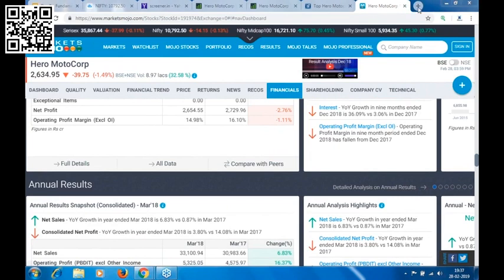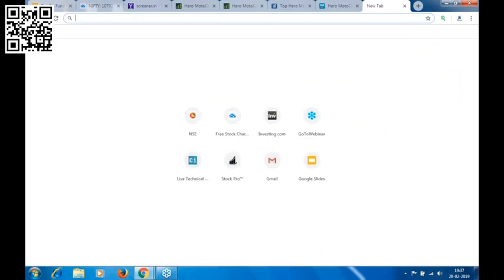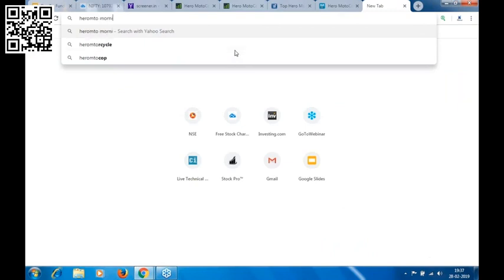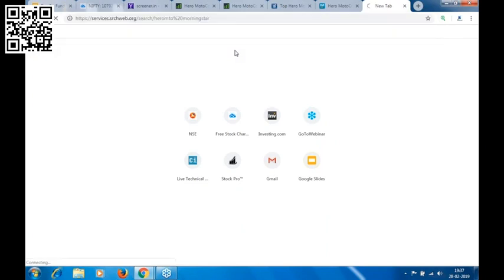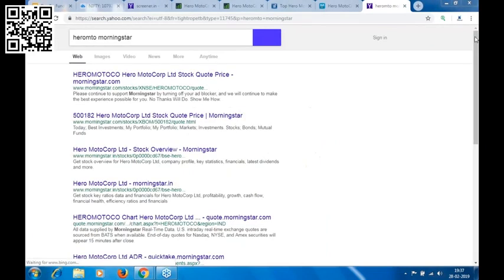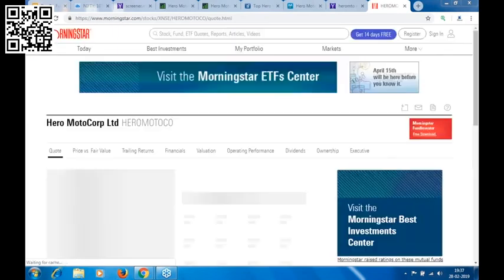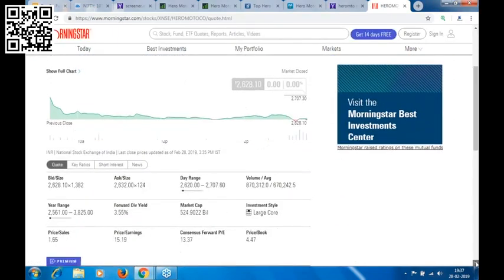And another website that can be used for your fundamental analysis is, if I type simply Hero Moto, Morningstar, and where this NSE is mentioned, if I click on the link, so this is the page that I will get, and we need to look at the key ratios.